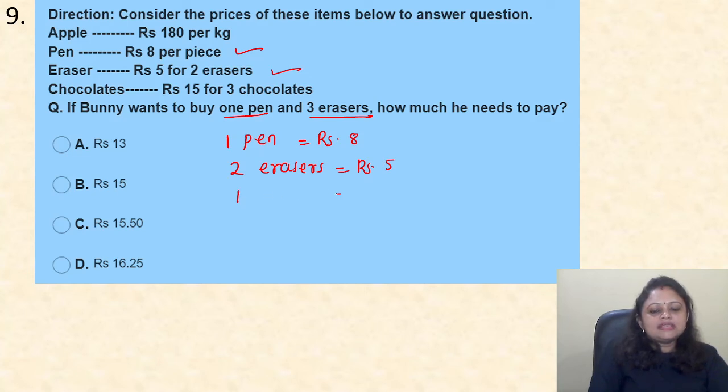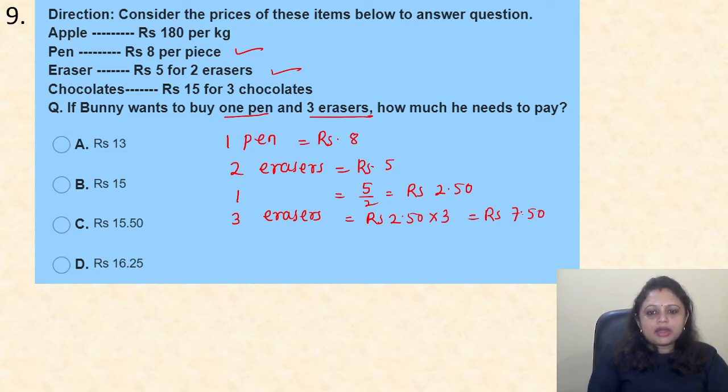For one eraser, it will be rupees 5 divided by 2, equal to rupees 2 50 paise. Okay, and he has to buy 3 erasers, so it is rupees 2 50 paisa into 3, that is 7 rupees and 50 paisa.